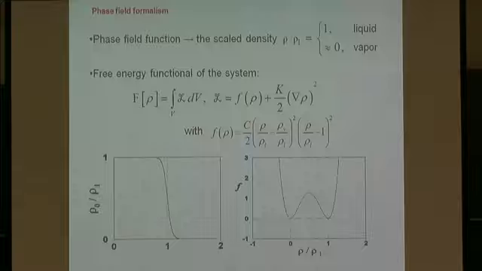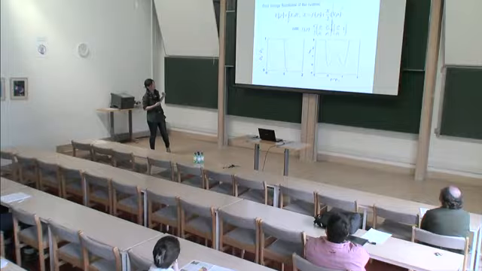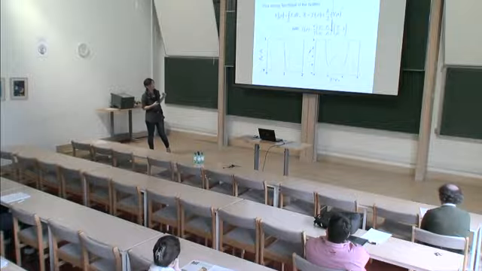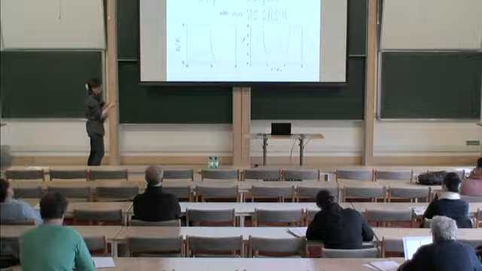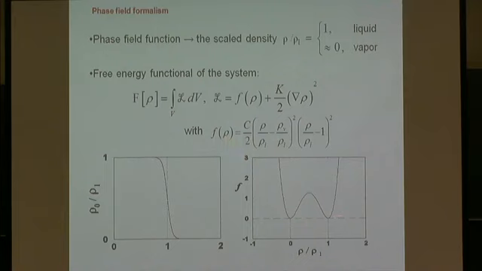So we choose the free energy density having two terms. The first one describes the free energy density for a homogeneous system far away from interfaces, assumed to be a double well potential, a symmetrical one with 2 local minima, one corresponding to rho 0, that means the vapor state, and one to rho 1, that means the liquid state.